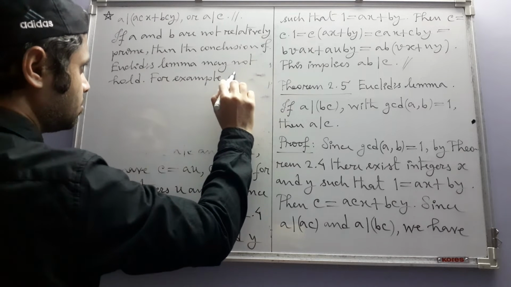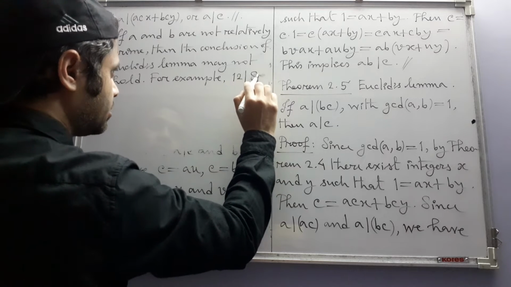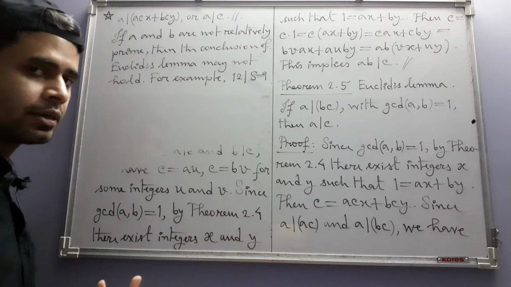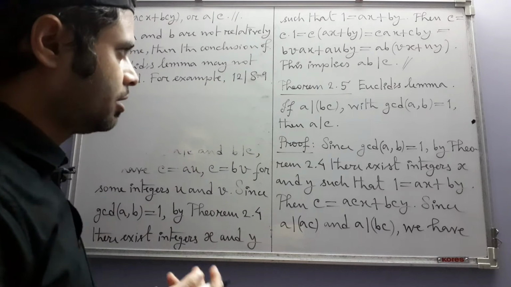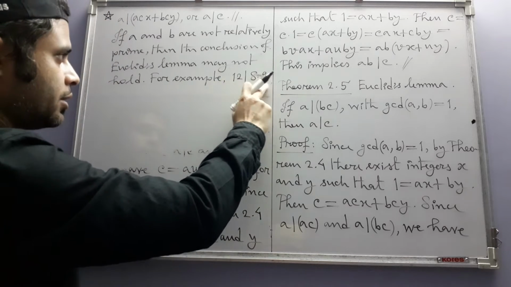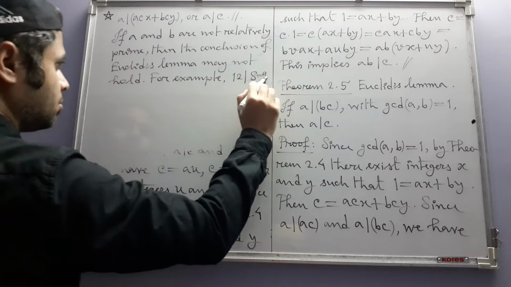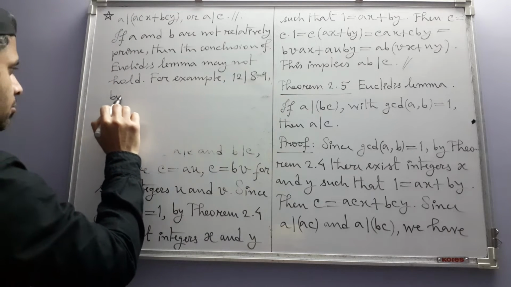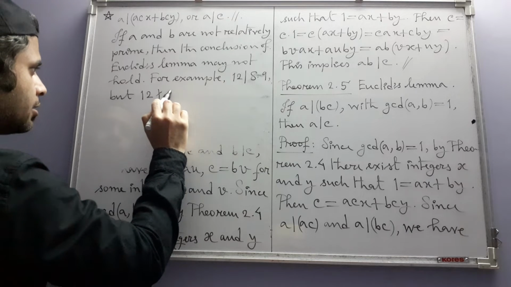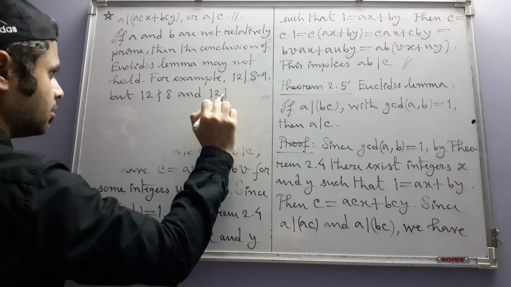For example, 12 divides 8 times 9. Take 12 in place of a, 8 in place of b, and 9 in place of c. 12 definitely divides 8 times 9, which is 72, but 12 neither divides 8 nor divides 9.